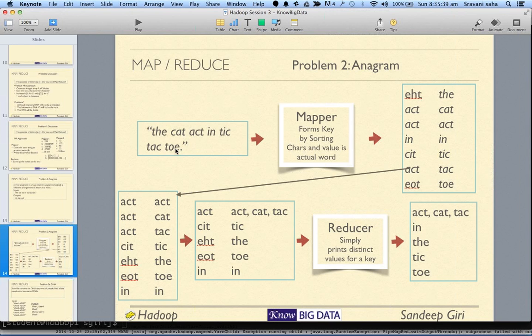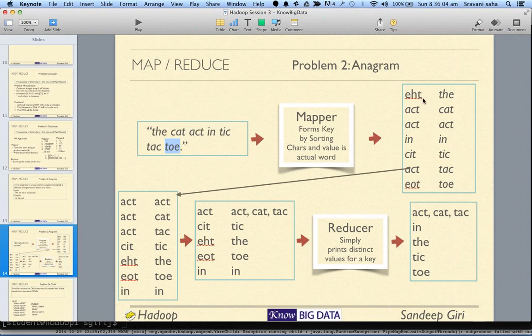Same is the case with toe. In case of toe, if you see, we have rearranged the letters. Now key is that rearranged value, rearrangement of the letters such that they are in increasing order, and the value is the word. Now you can see very clearly, cat, act, and tac, all of these words have the same identical key.